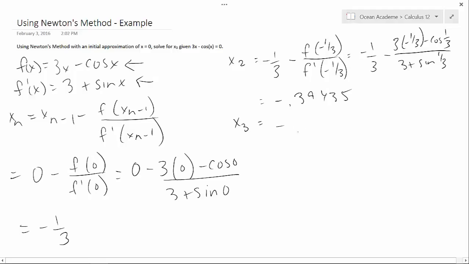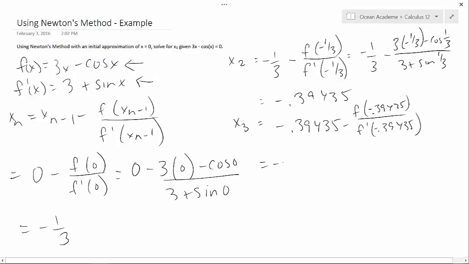So we've got negative 0.39435 minus our function of negative 0.39435 over our derivative using negative 0.39435.